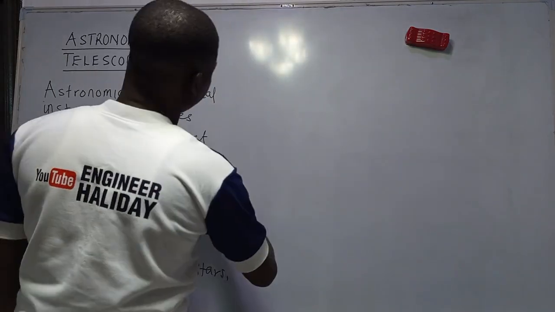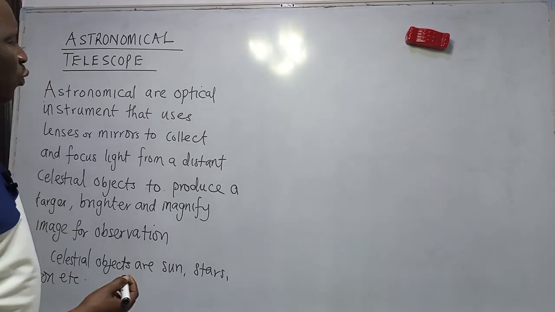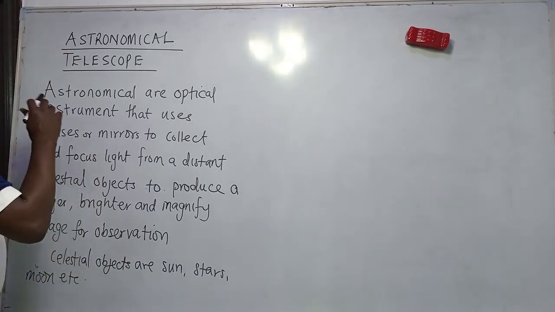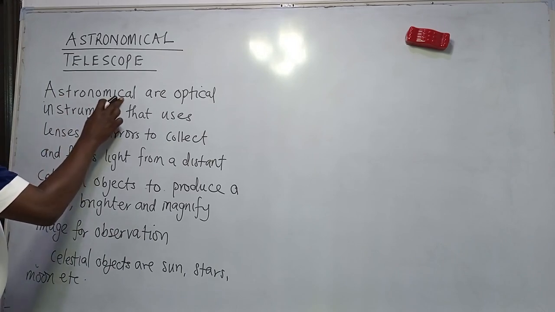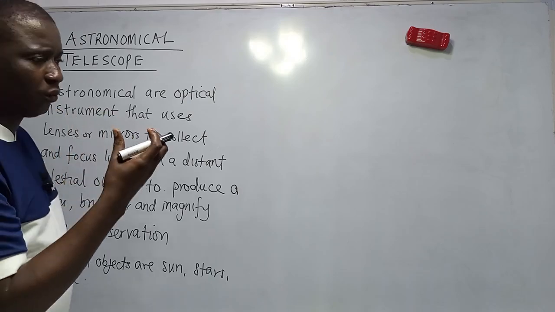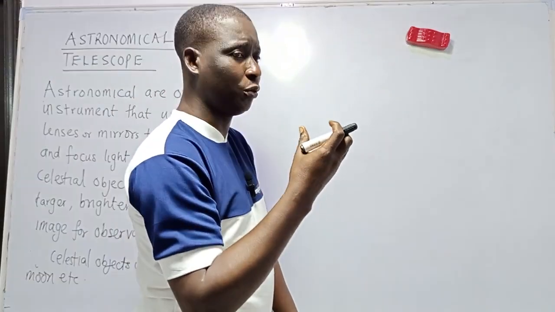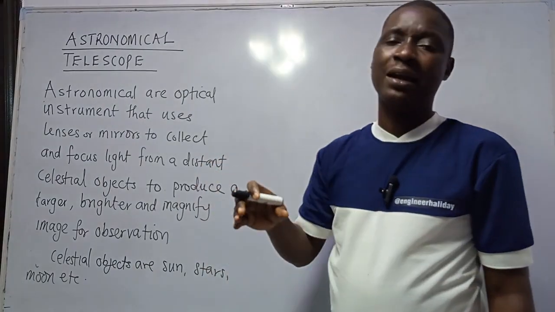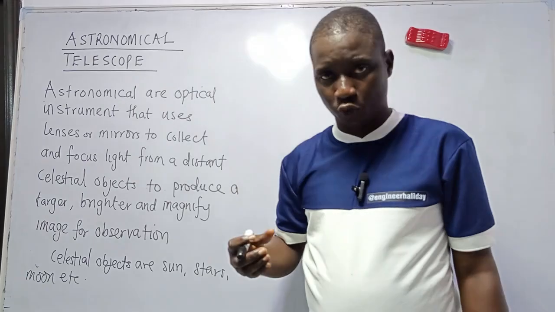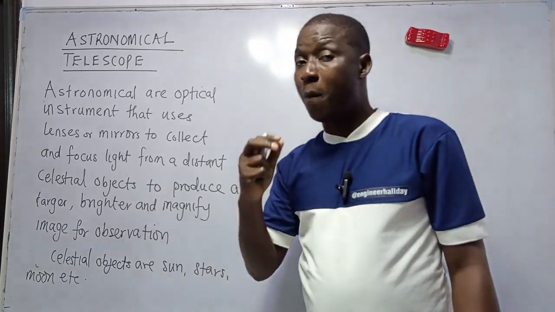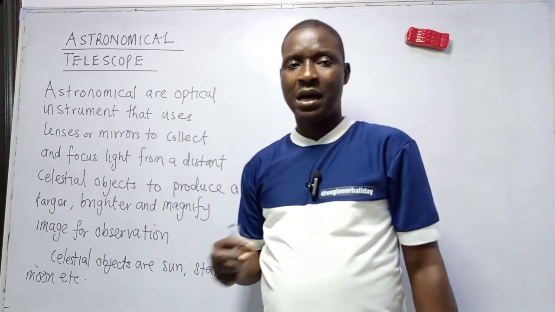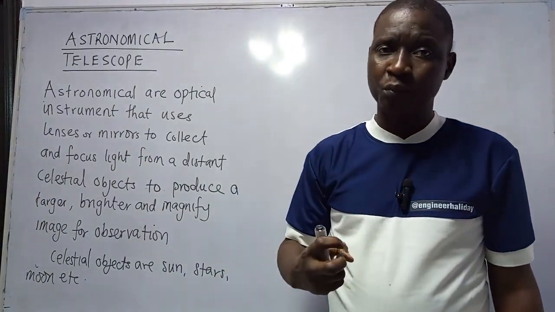But let us see how an astronomical telescope is built. Now, the number one thing that brought about the astronomical telescope is the defect created by the compound microscope. Don't forget, a compound microscope uses two lenses, just like an astronomical telescope.